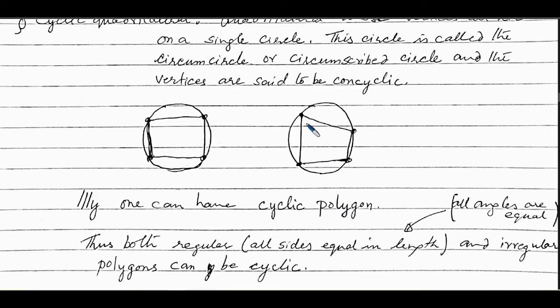Similarly, one can have a cyclic polygon. You can even have a cyclic pentagon, or a hexagon, or septagon, octagon. So all the corners, or in mathematical terms the vertices, should touch the circle.